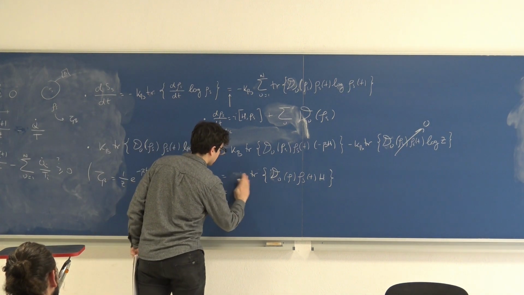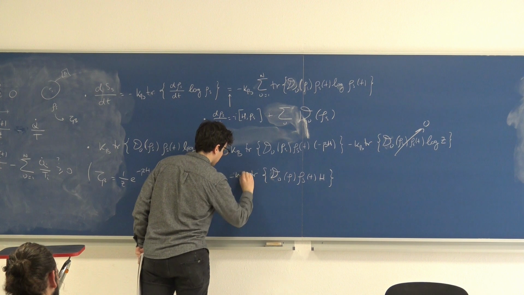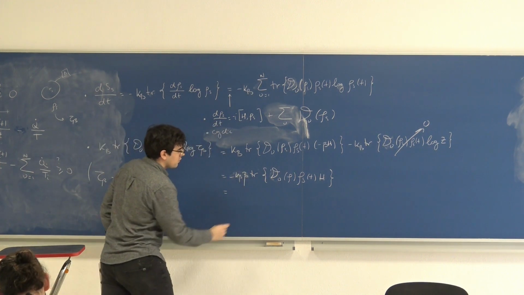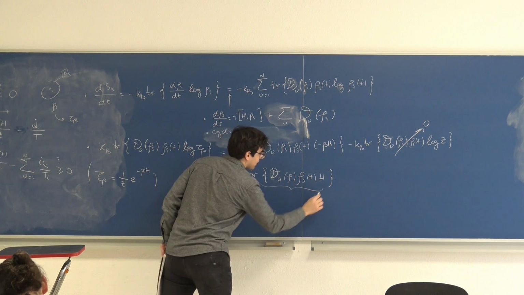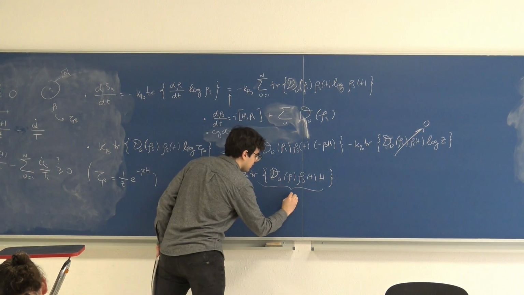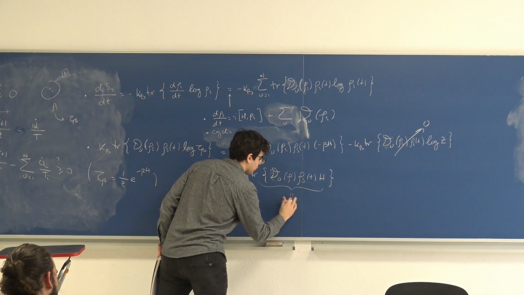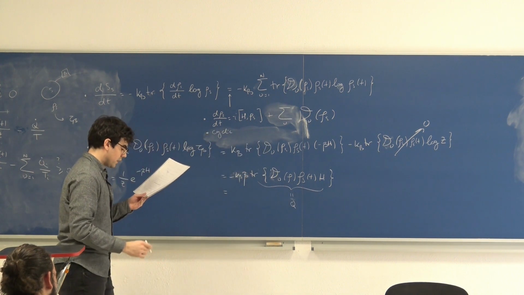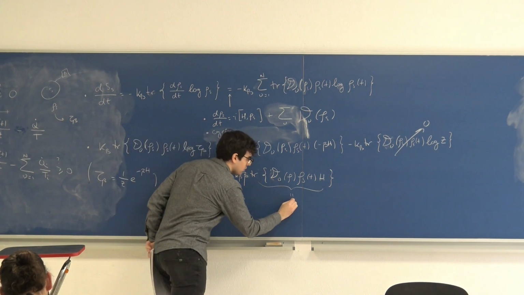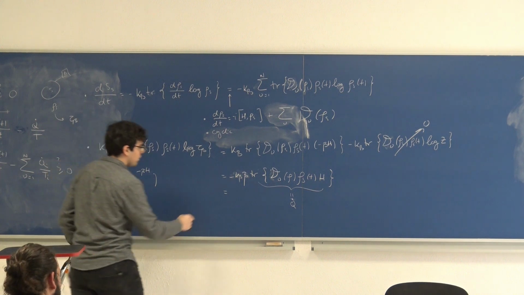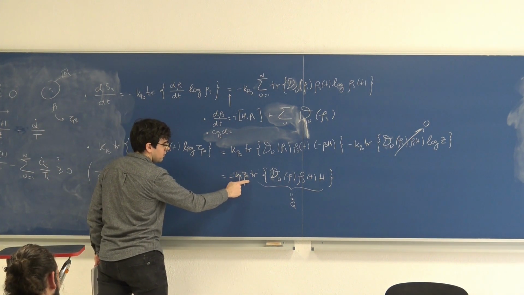Minus k_B beta, and here you have this term. You can recognize it, we saw it last day. This is simply Q dot, and you have 1/beta as the bath temperature here.